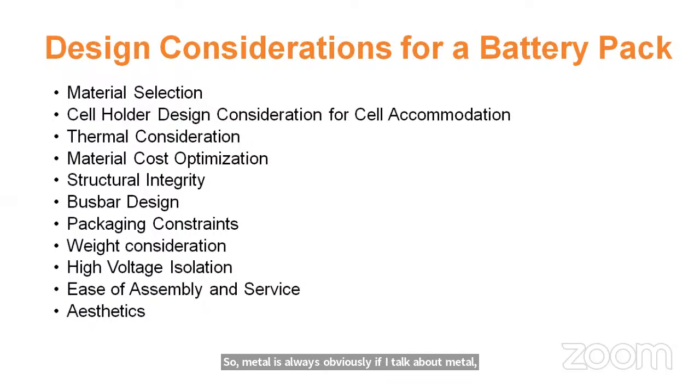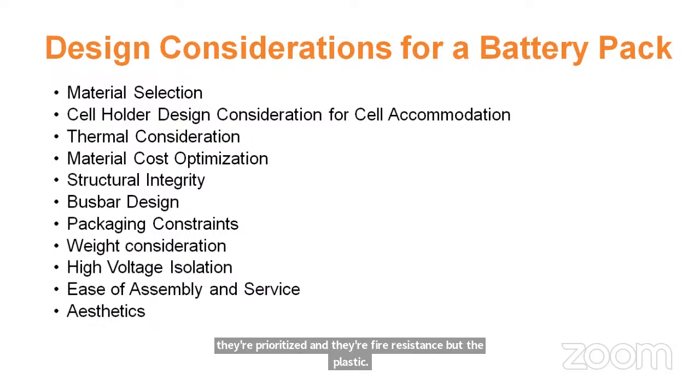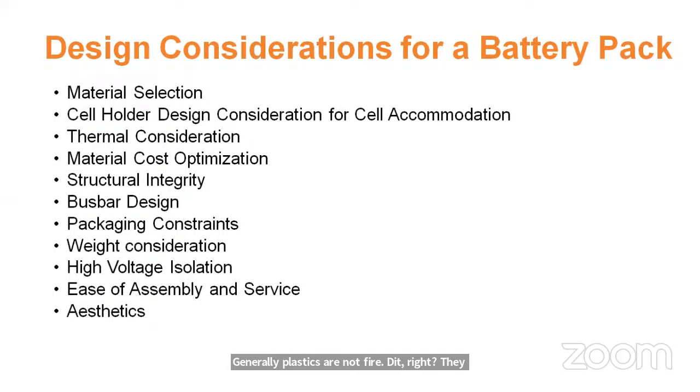But generally plastics are not fire retardant, not fire resistant, so we have to put some additives in the plastic so that it becomes a fire rated material. So always we have to choose fire rated plastic material for our battery pack design application. Okay, cell holder design consideration for cell accommodation.